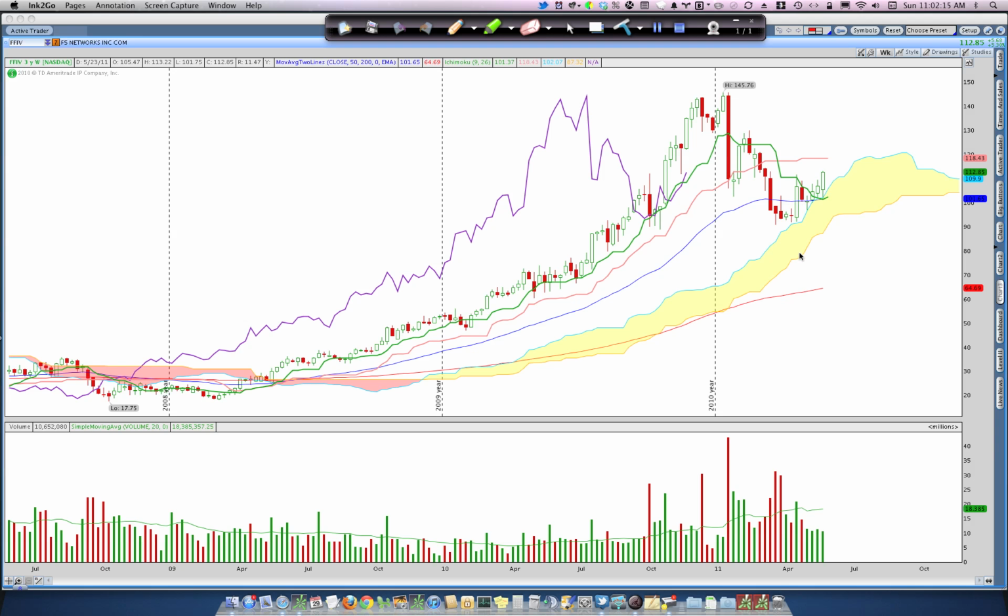shading in between. You will see occasionally where the cloud goes from yellow to red. That's simply that these lines have become inverted, that the B span, the bottom span, has crossed over the top span, and the colors are going to be changed to red to indicate that there's been a crossover. Then when the cross goes back in the other direction, your cloud goes yellow.